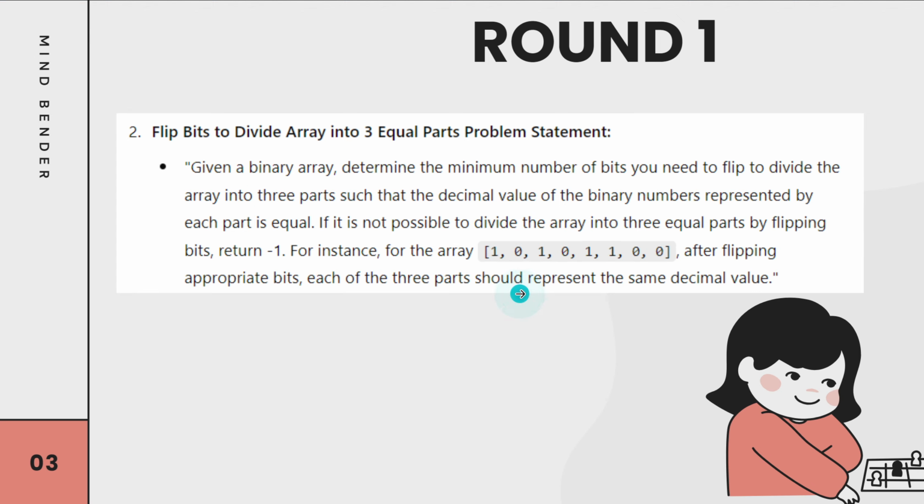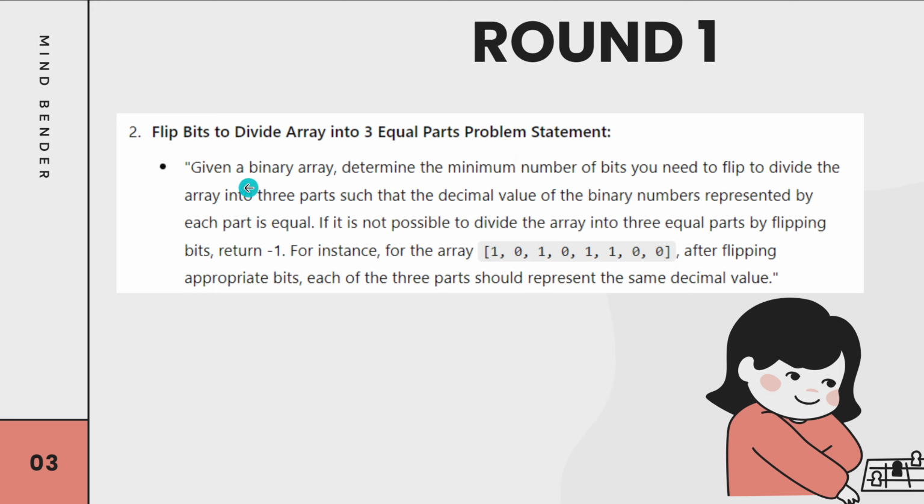And the second question which they faced is from another campus. The questions which we faced I have already done a video on, and these are the questions that my friend faced in another campus. Flip bits to divide the array into 3 equal parts.